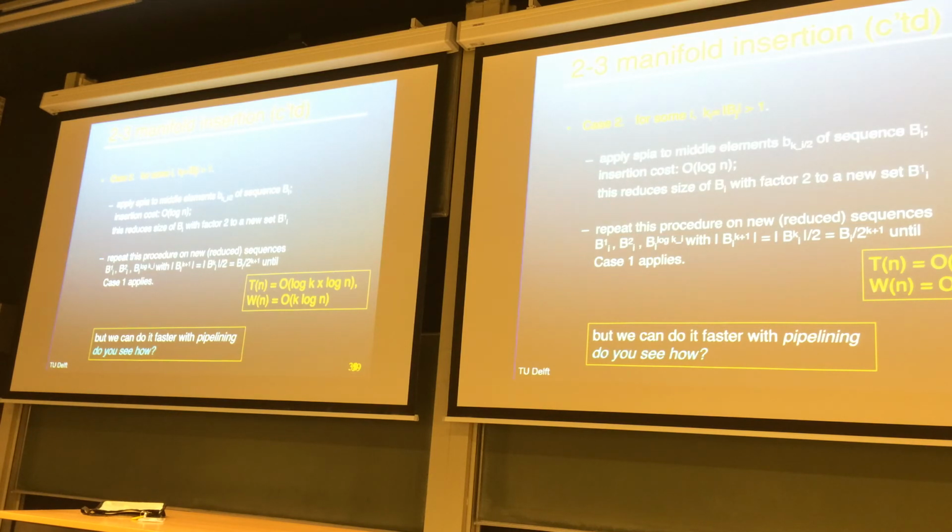But of course, we don't have to wait until all the elements have ultimately been processed until the root is affected. Because once you have processed one level, you already can do the same on the lower level. So you are ready for the next processing step, taking half the number of elements on the lower levels.